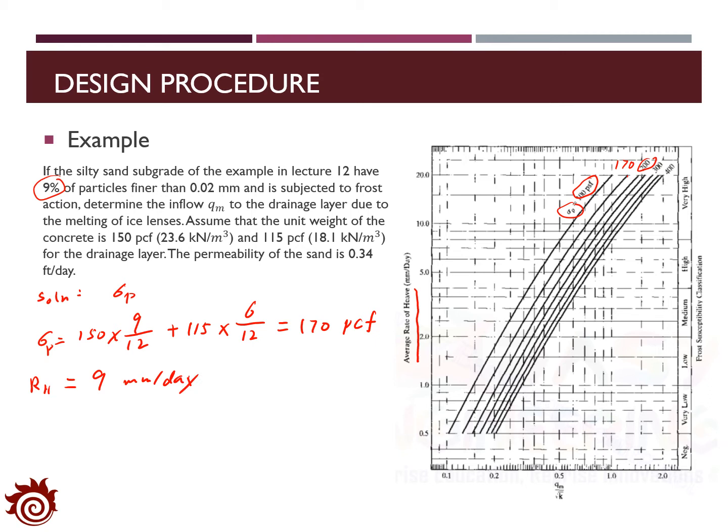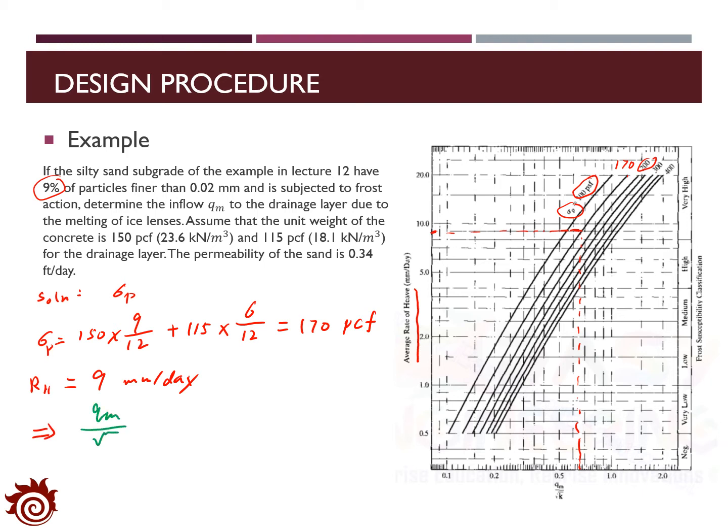And we can see that the value we're going to choose is here. Then based on this frost heave and the line with sigma p equal to 170, we can find out the value of Qm over square root k as 0.74.